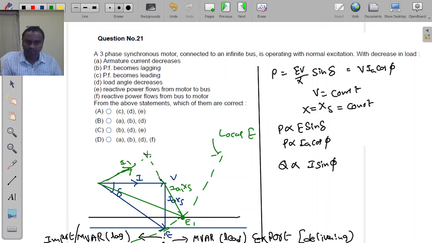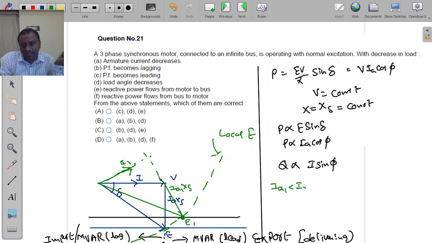This is I1. Now XS is constant. This length is IA1 XS, and this length is IA XS. XS remains the same. If you observe, this length is less than this length, in the sense IA1 is less than IA.